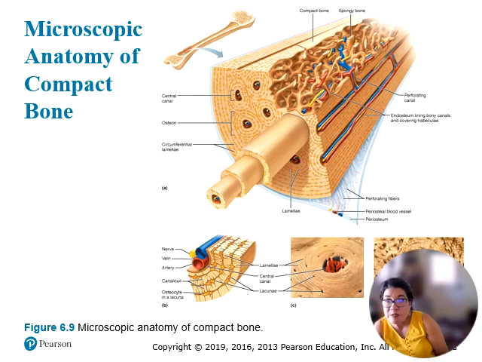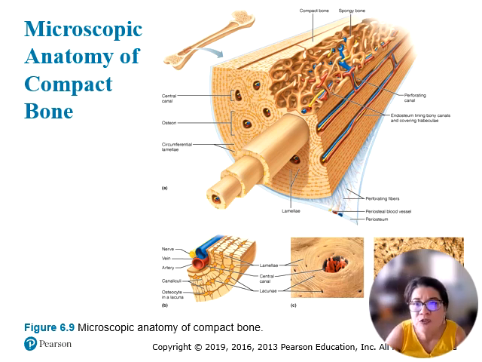Okay, so let's look through this picture. This is one osteon right here, this circle is one osteon. You've got your circumferential lamellae here. What else do we see? You can see the central canal with the blood vessels, and there's a little osteocyte right there.